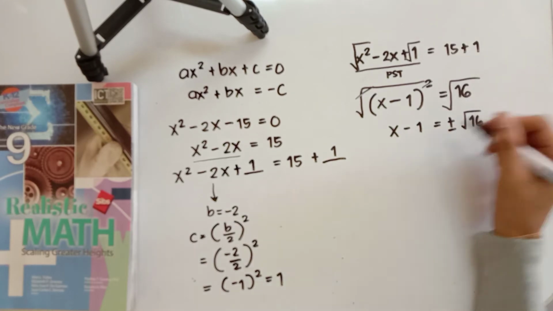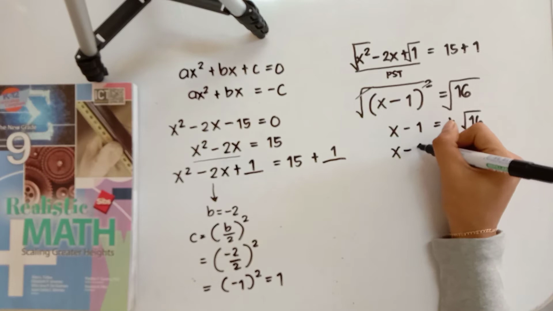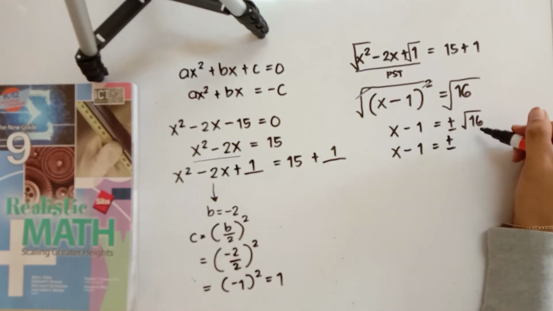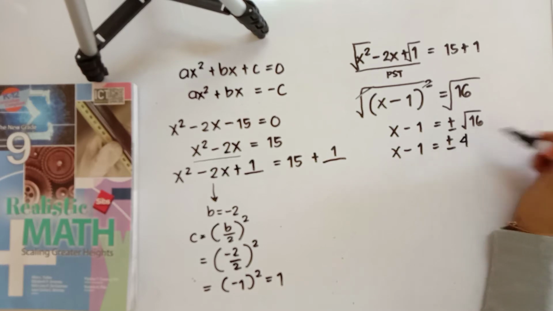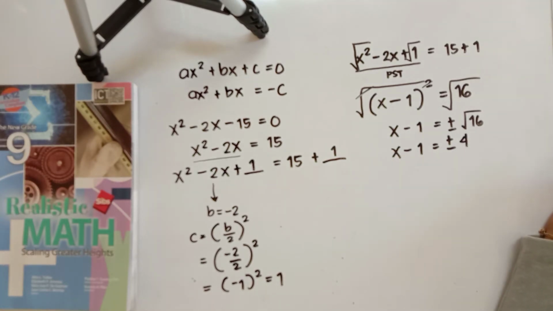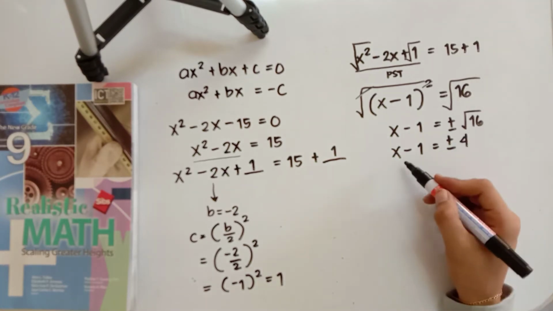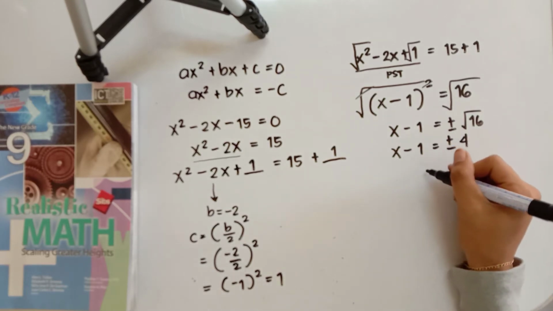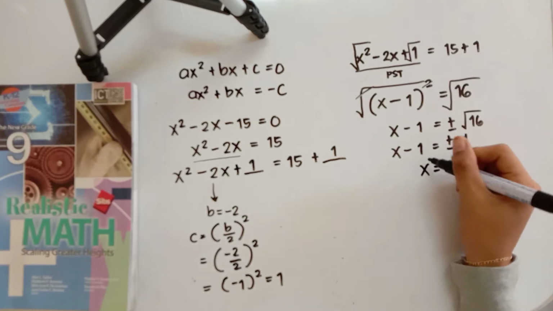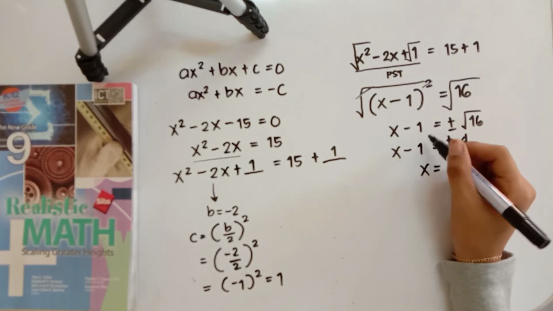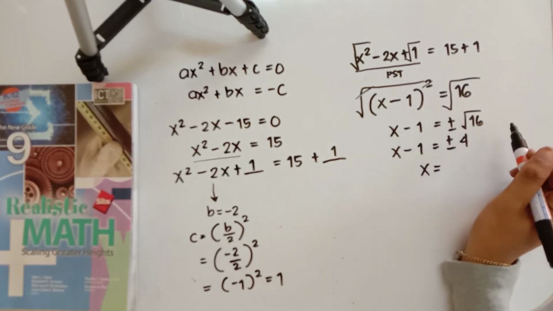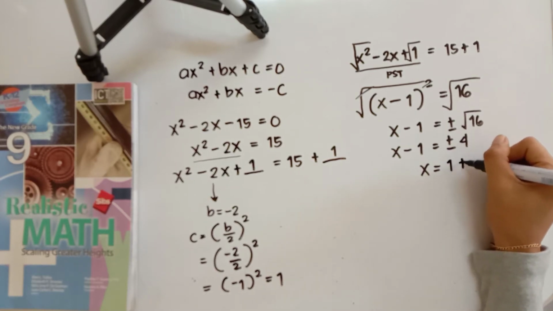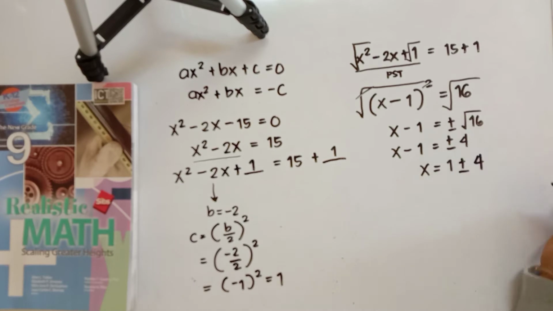So we have to simplify: x minus 1 is equal to plus or minus 4, since the square root of 16 is 4. To find the value of x, transfer negative 1 to the right hand side. That is, x is equal to positive 1 plus or minus 4.